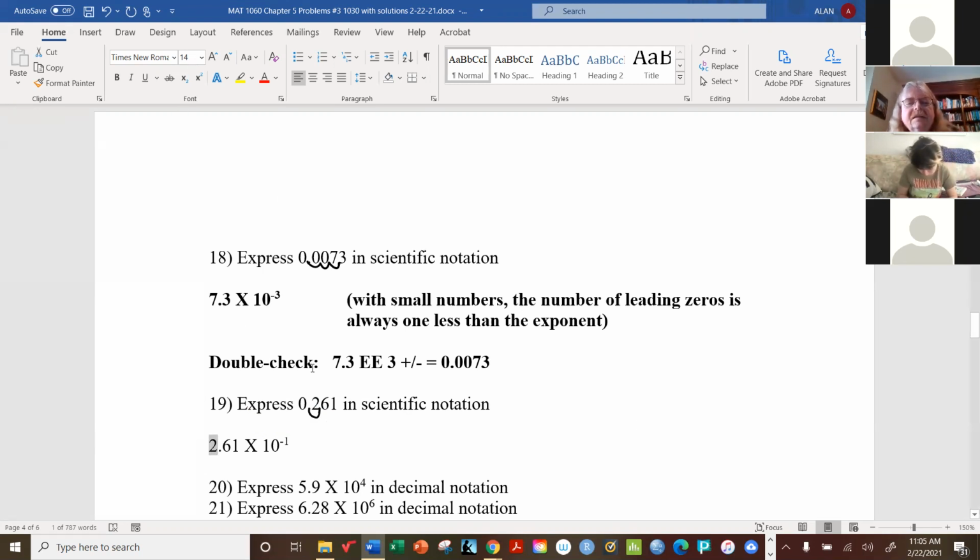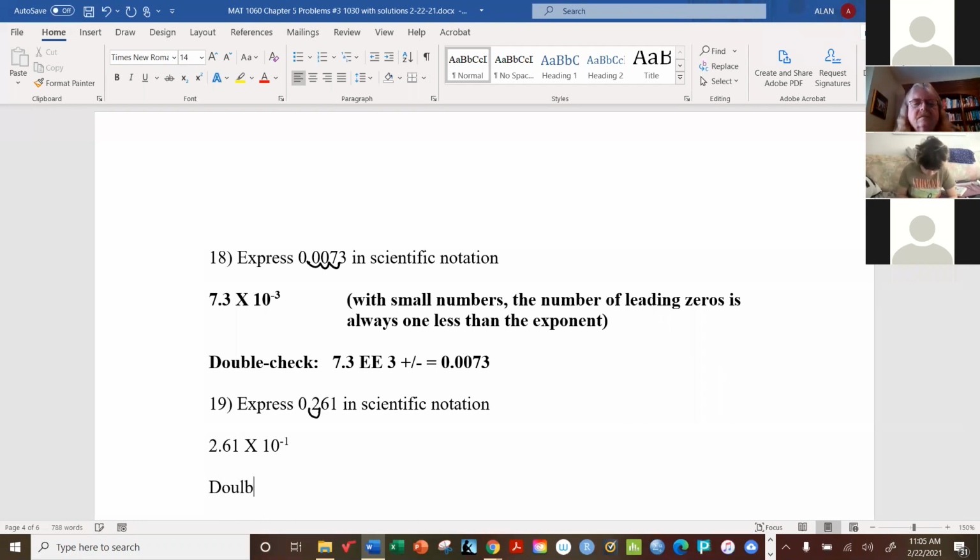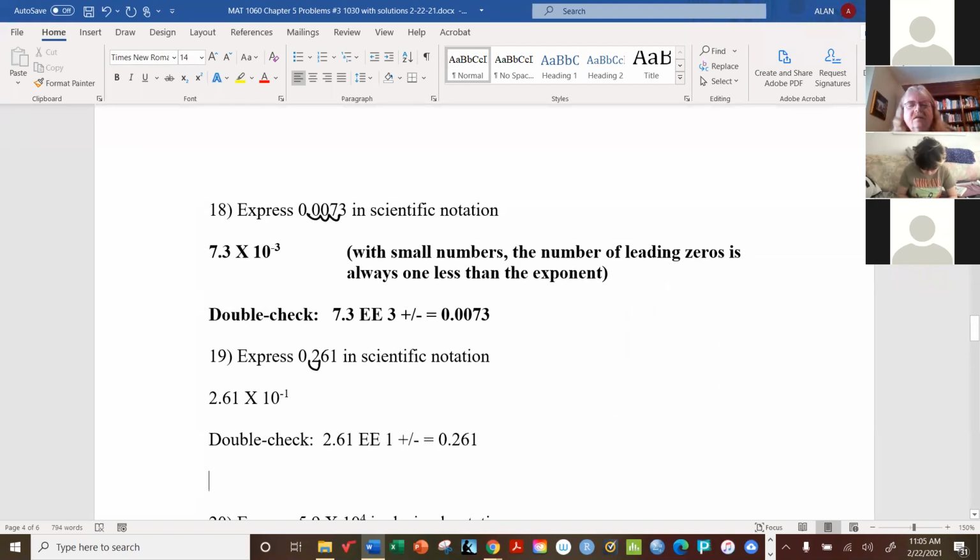Gotcha. Anyway, so again, let's double check this. 2.61 EE1 negative, and you'll see that, oh, don't forget the equal sign. It doesn't like that, because otherwise we won't know if you're finished.